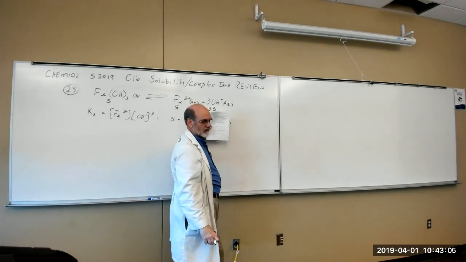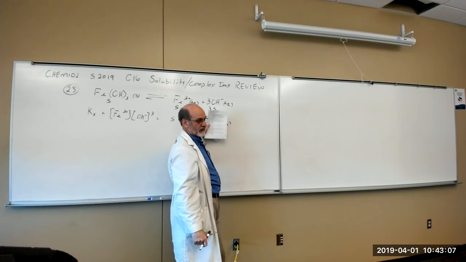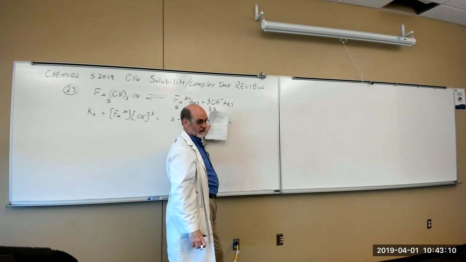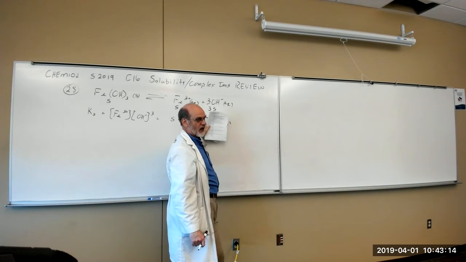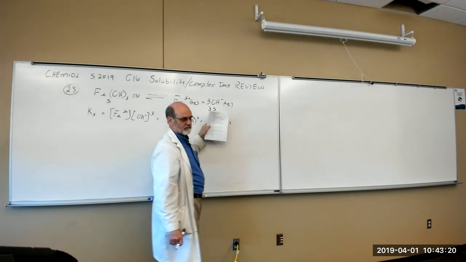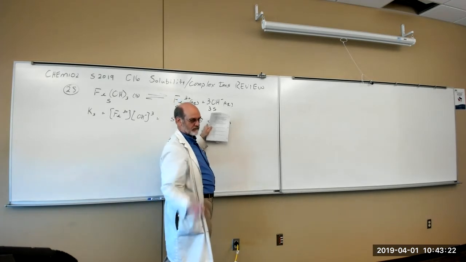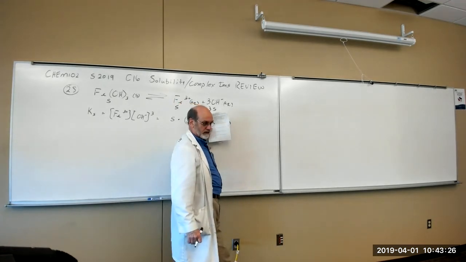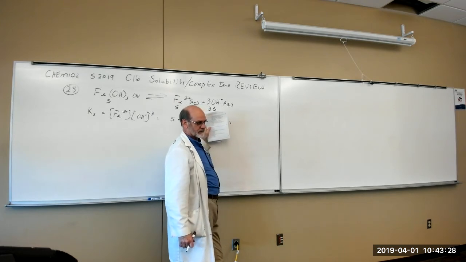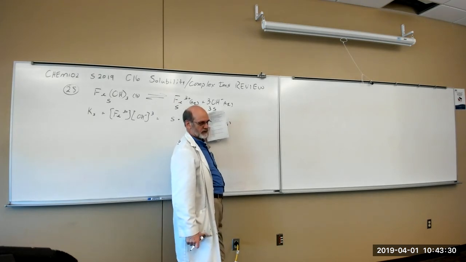You don't have a denominator, right? Because denominators are solid, so it goes away. Yeah, solid. So no denominator. That's why they call it the solubility product. There's no quotient involved in solubility.